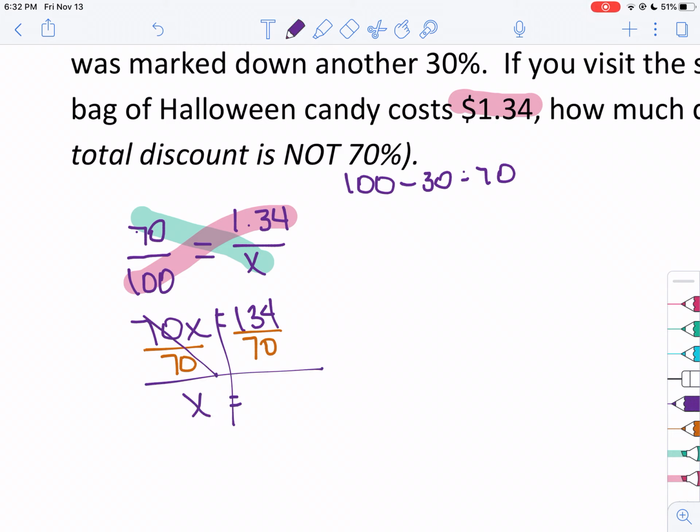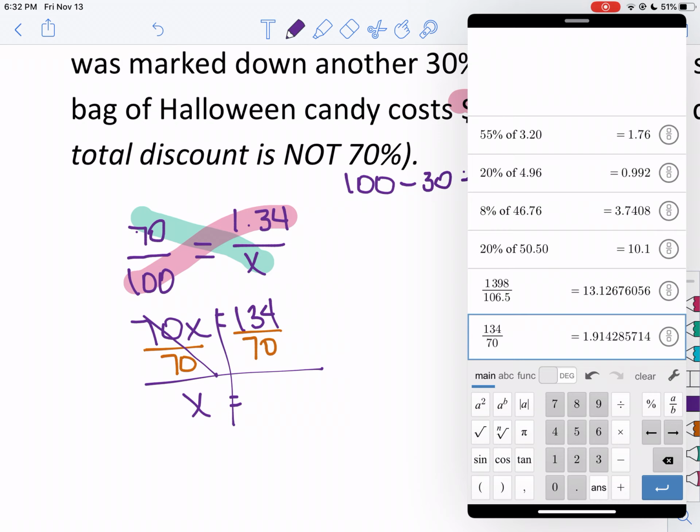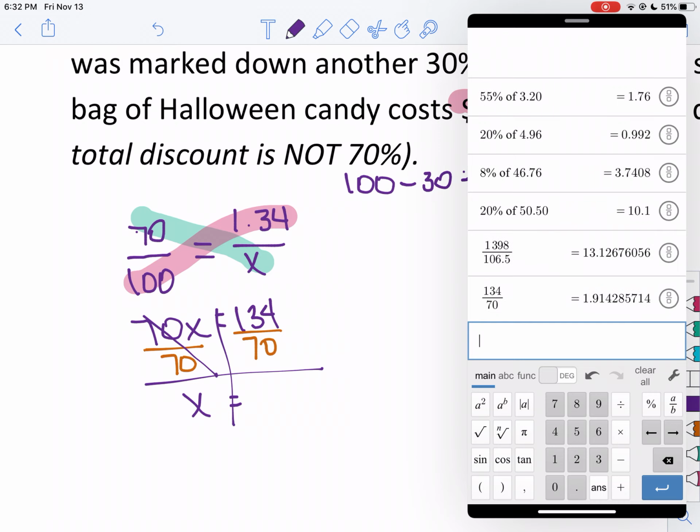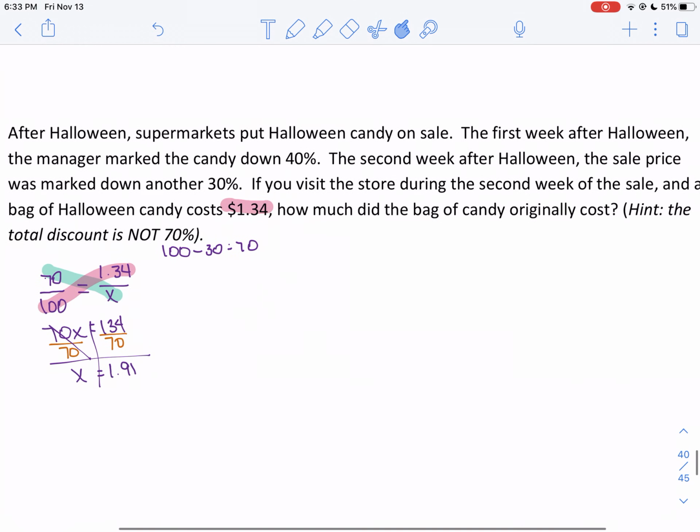Left with x on this side. And then 134 divided by 70. We get $1.91. Okay. So then after the first markdown, it was $1.91.